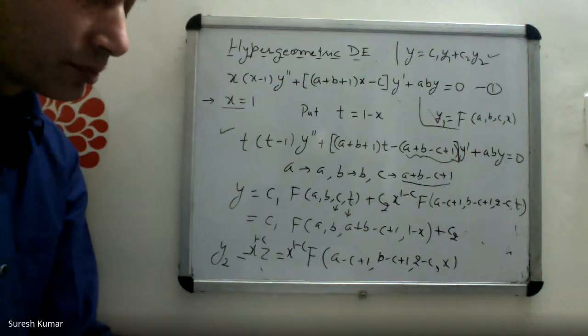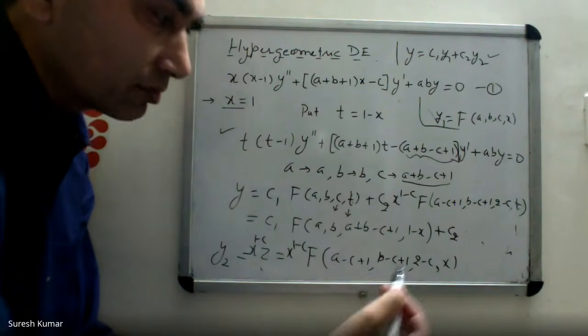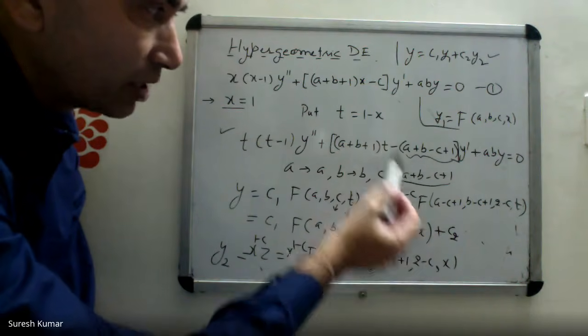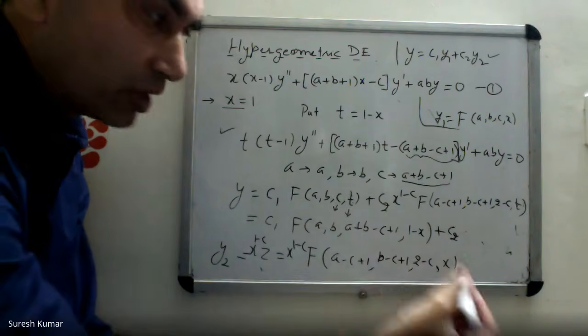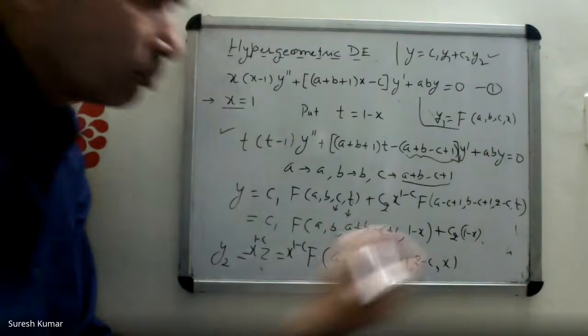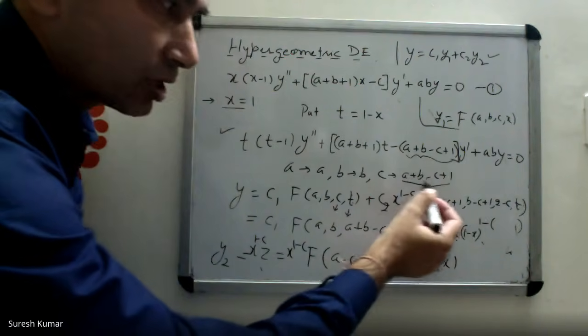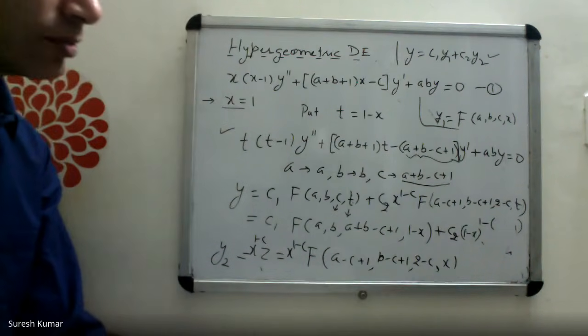So that would be C2 t power 1 minus c, right? First you will write t power 1 minus c, but then you will replace t also by 1 minus x, whole power 1 minus c. Here c means this whole expression, a plus b minus c plus 1.